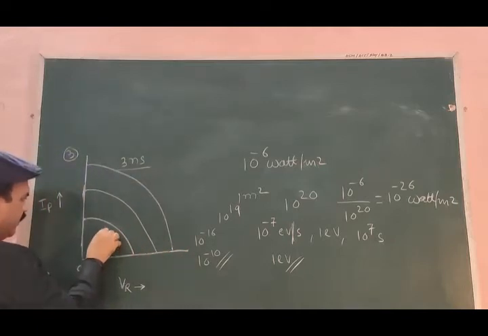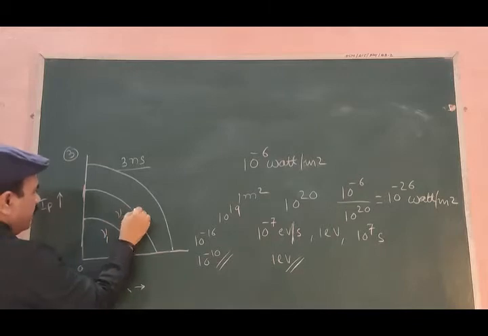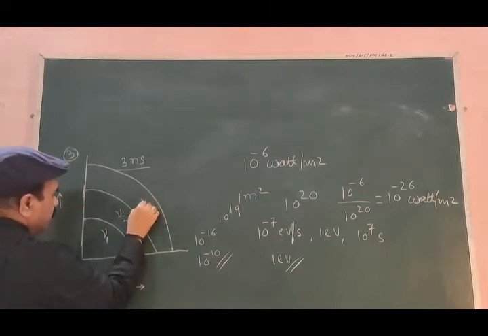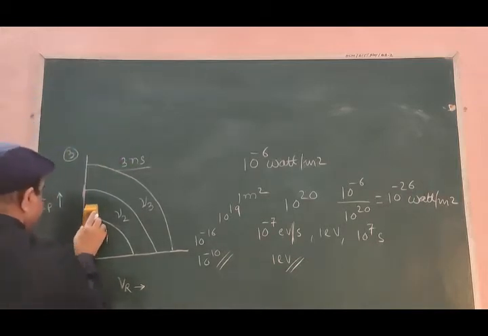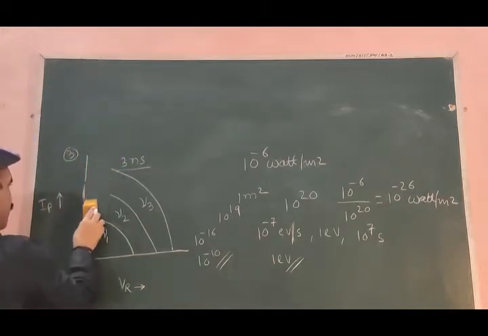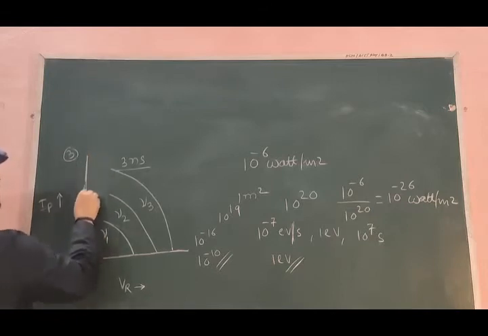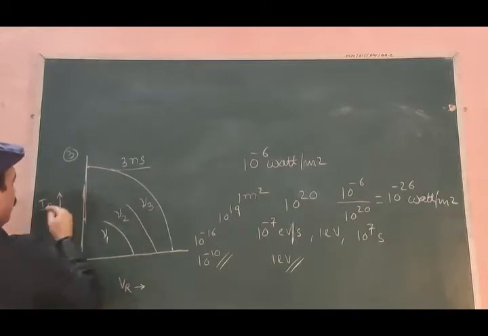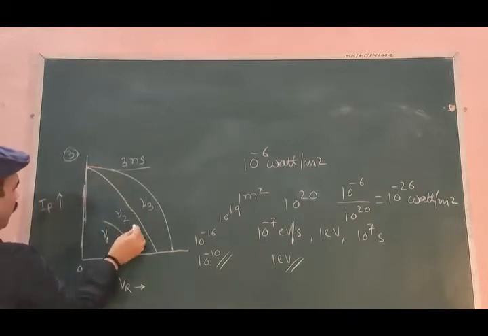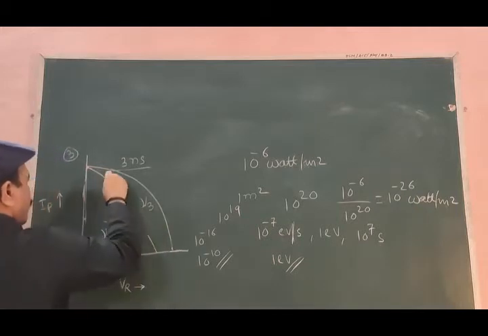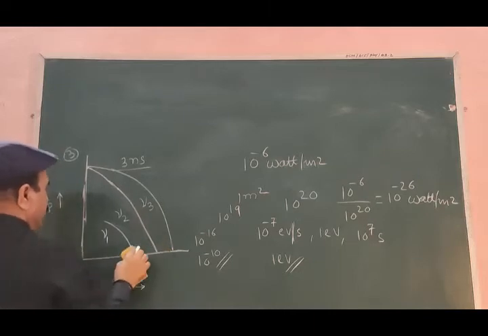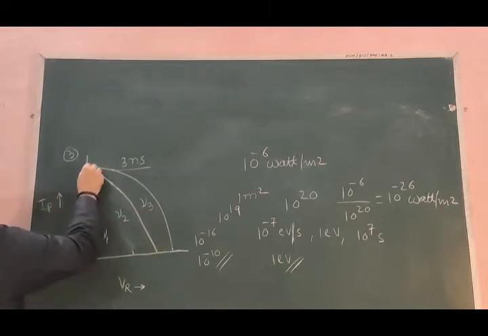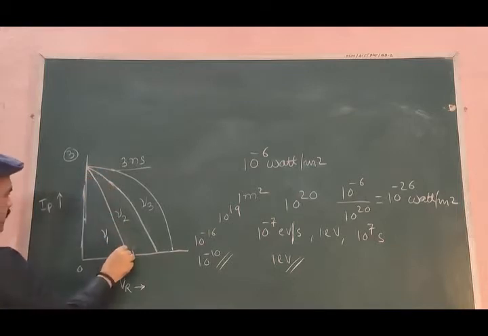This is frequency nu 1, frequency nu 2, frequency nu 3, and if you want the intensity to be constant, then you have to modify these. If you want the intensity of light to be constant here, this figure number 3 is to be modified this way.